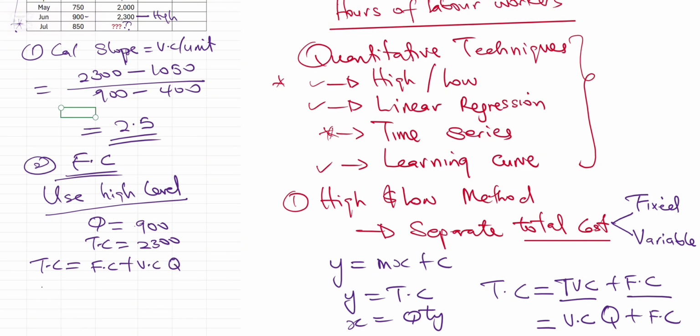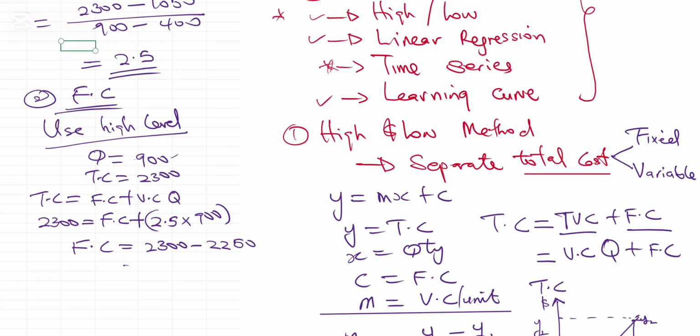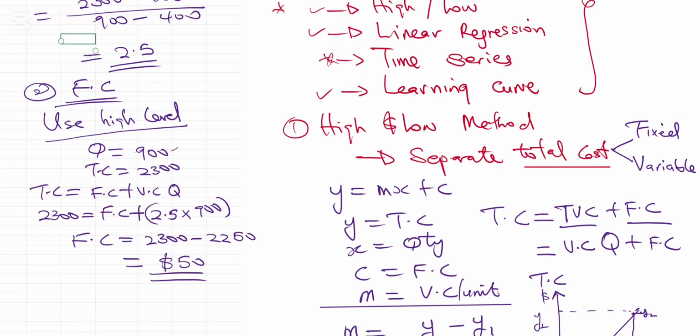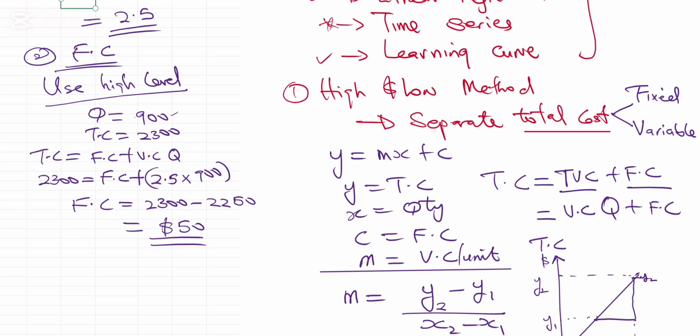So which means our total cost of 2300 is equal to fixed cost that we want to calculate plus we already know variable cost to be 2.5 multiplied by quantity at 900. And with this, we have fixed cost equal to 2300 minus 2250, and that will give us $50. So using high and low method, our fixed cost is $50.